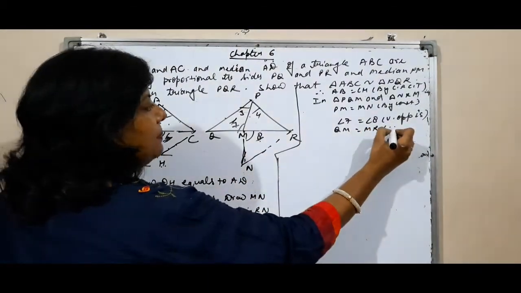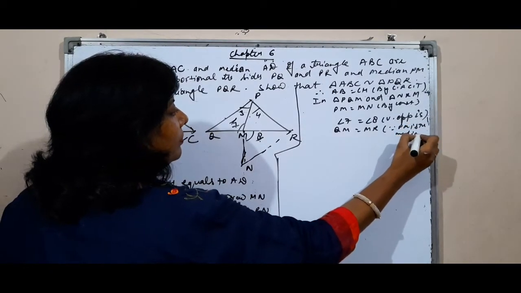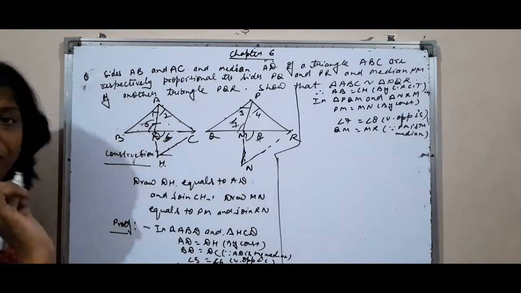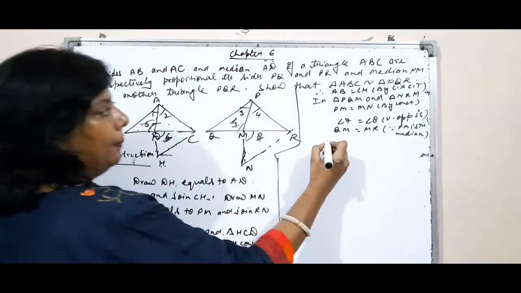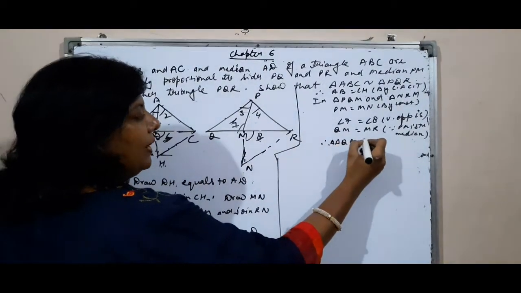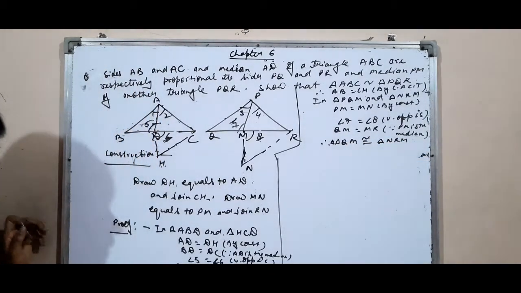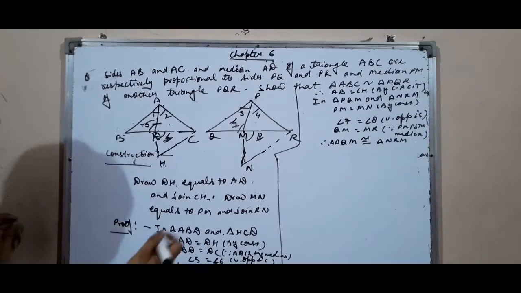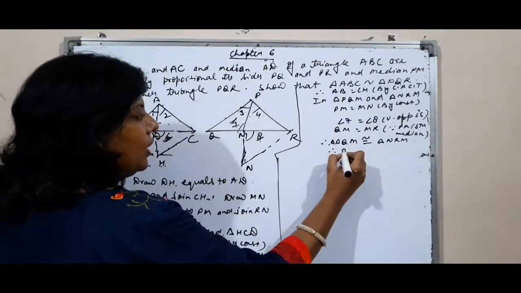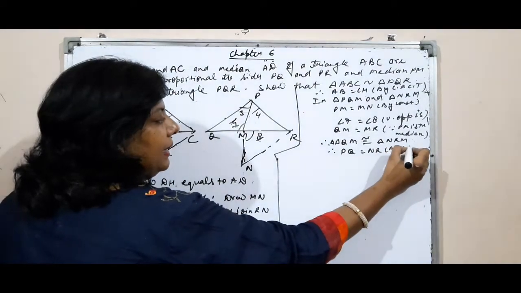Because PM is the median. Therefore, triangle PQM is congruent to triangle NRM. Therefore, PQ equals to NR by CPCT.